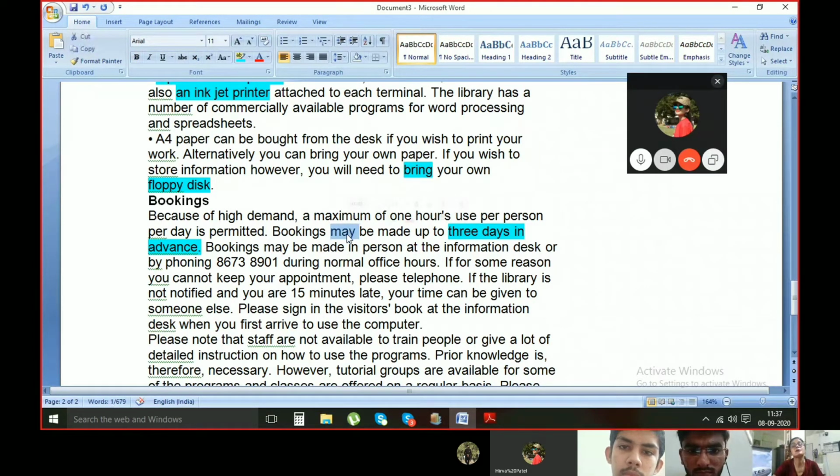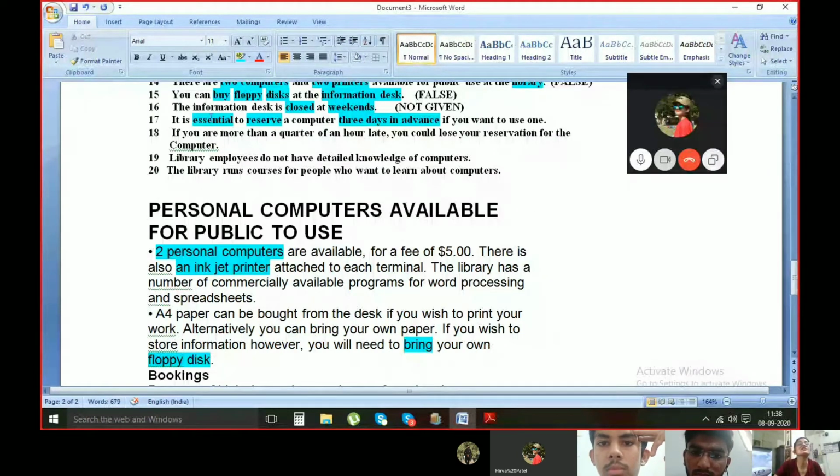It is maybe. See, mark the keywords properly. May be made 3 days in advance. Means you can make the bookings 3 days in advance, but it's up to your wish. Maybe means, okay, it's your wish. If you want to make your booking 3 days in advance, you can. But in the question, it is written essential. Means advance bookings are compulsory.